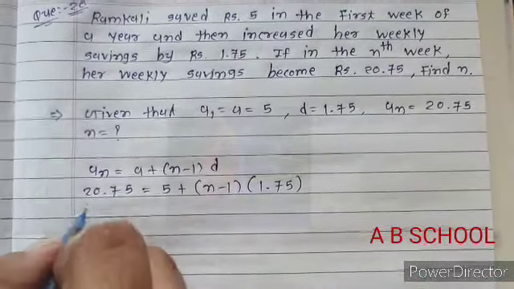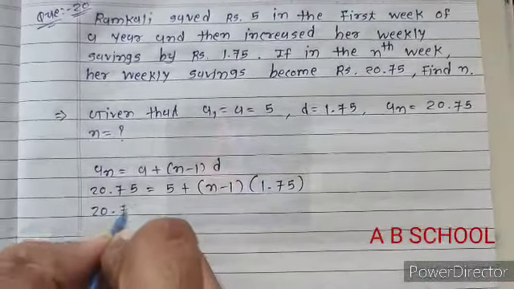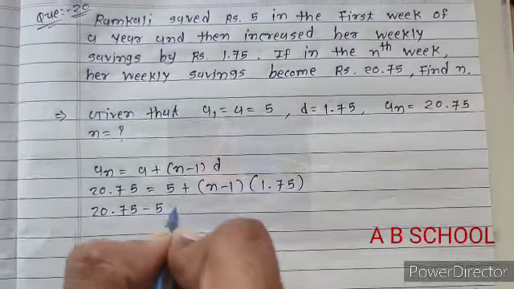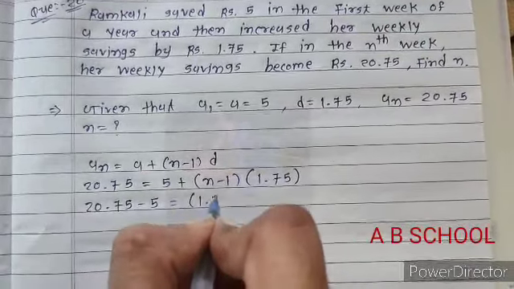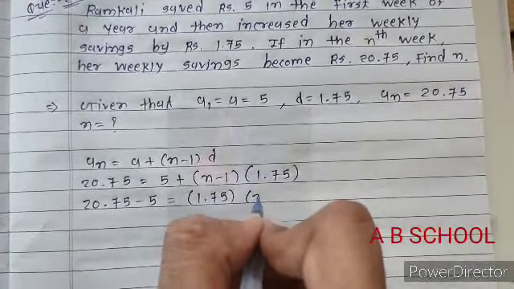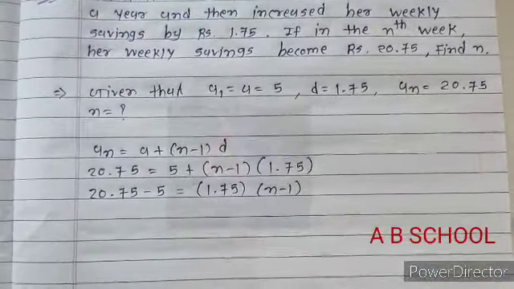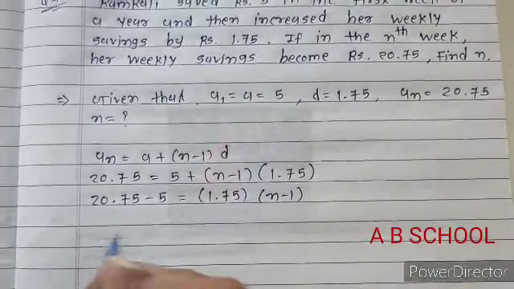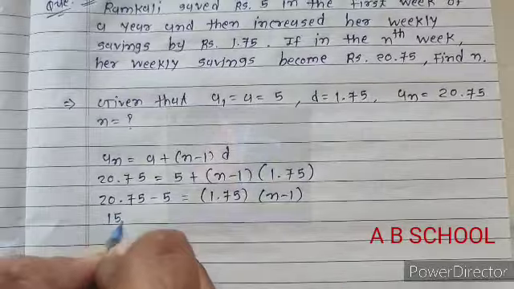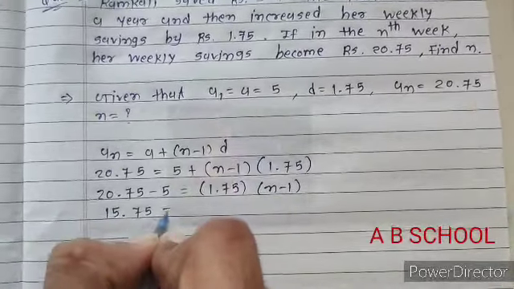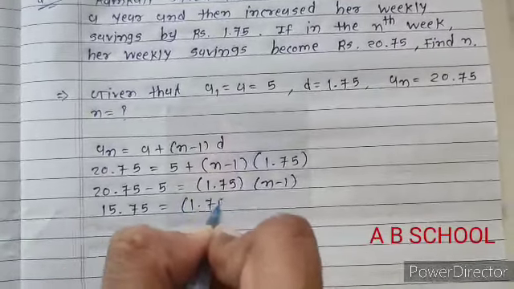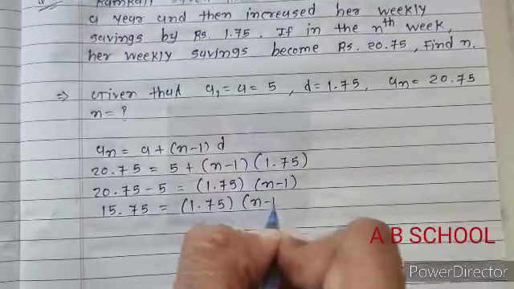Okay, so 20.75 minus 5 is equal to 1.75 into n minus 1. 20.75 minus 5, 15.75, is equal to 1.75 into n minus 1.